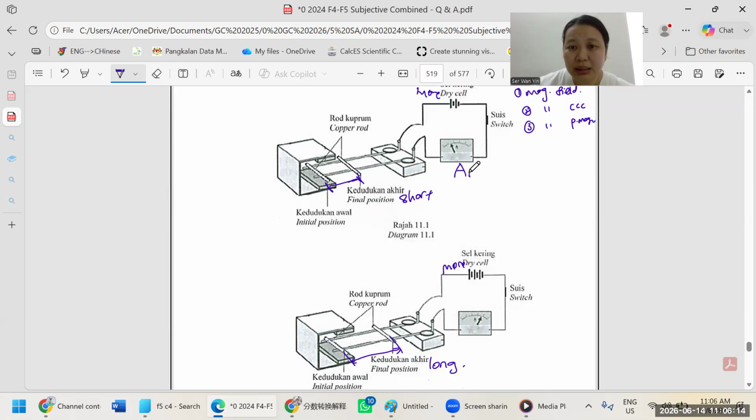This is A. A means ammeter. What does an ammeter measure, everyone? Resistance, voltage, power, current, electric charge, magnetic field? Measure what?